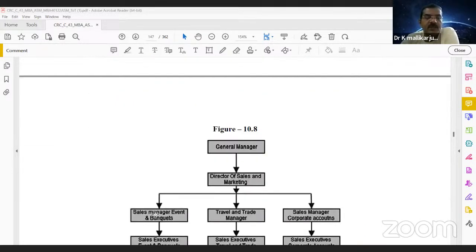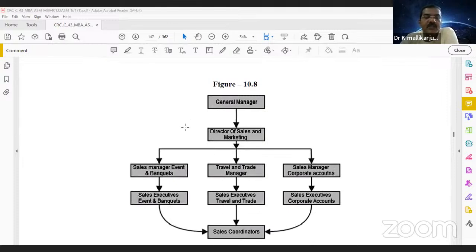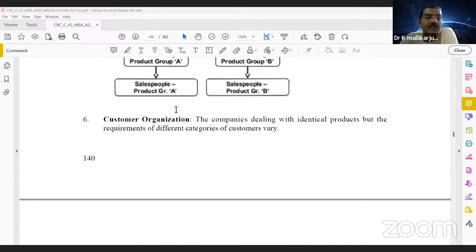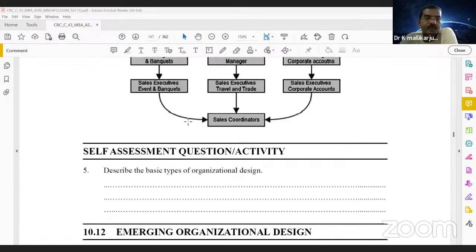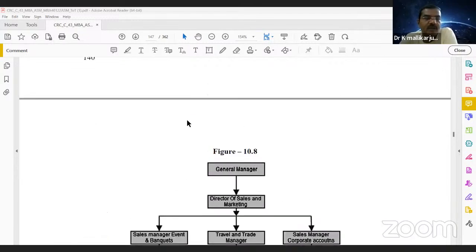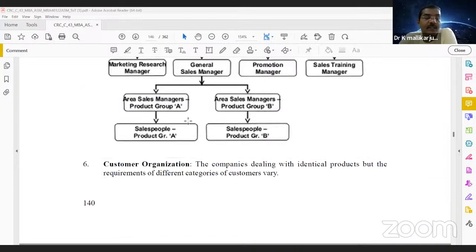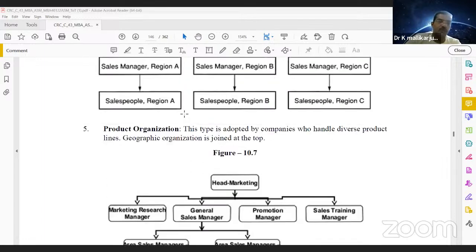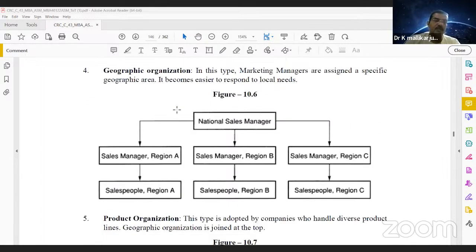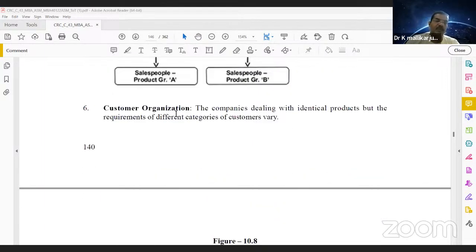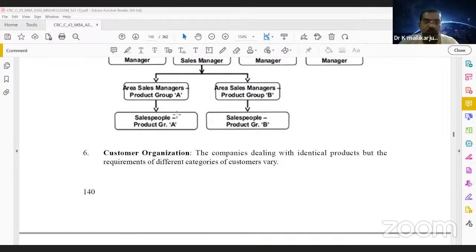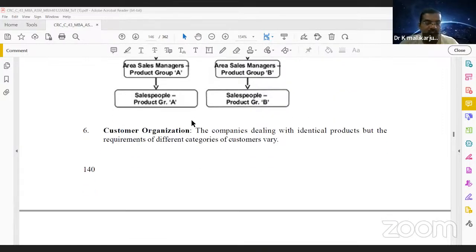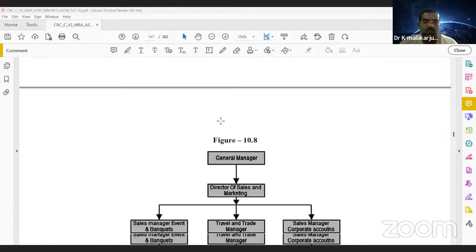It can also be customer related: sales manager direct sales marketing, all under the customer sales organization. So we have different kinds of organization structures, based on the customer, the geography, or the products. The companies may opt for any one according to their structure, business process, and models.